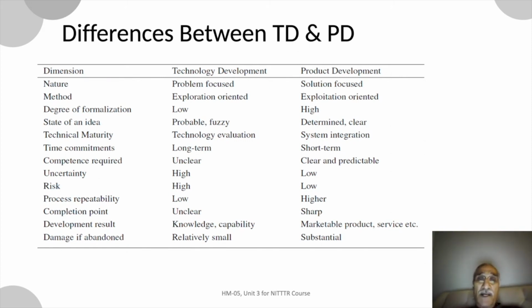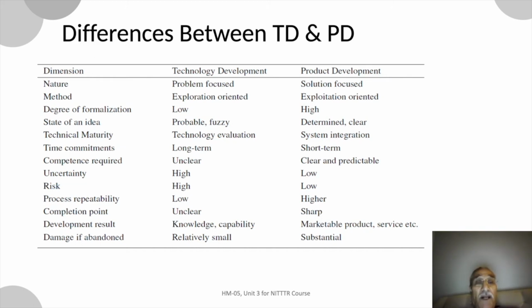Either we assimilate technology from outside or we transfer technology to outside because we have developed a technology or we want to develop a product on that base. So the exploitation there is oriented towards a product, and that is the primary difference between technology development and product development.